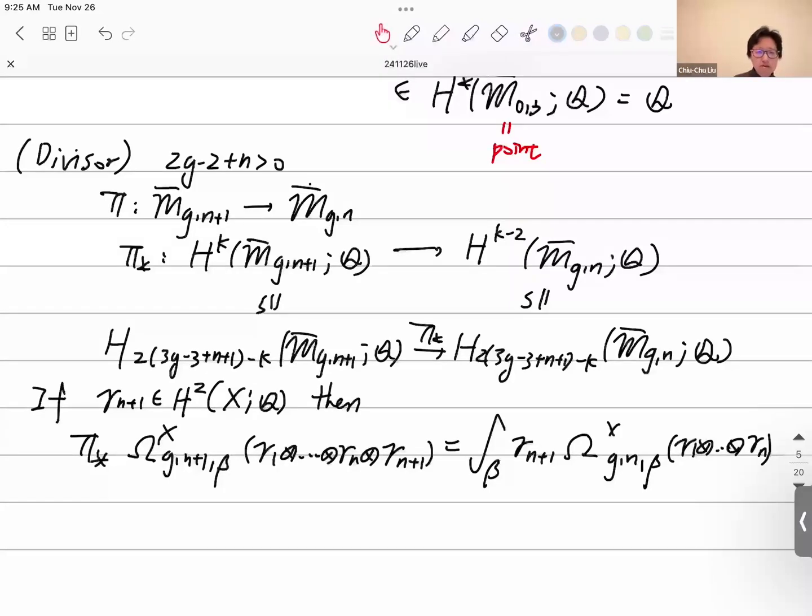We should think of this pi as being identified with the universal curve over M bar g,n, and this map is integration over the fiber.